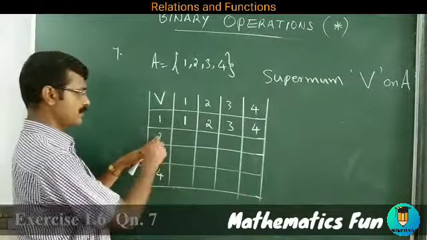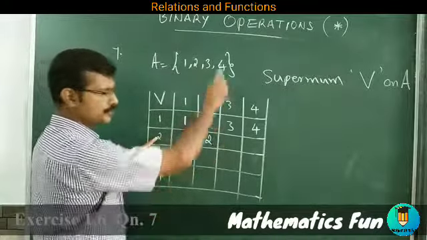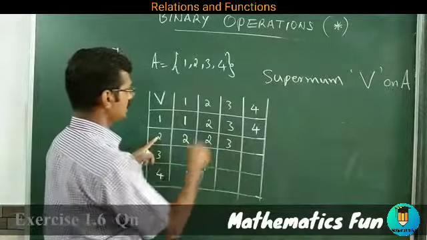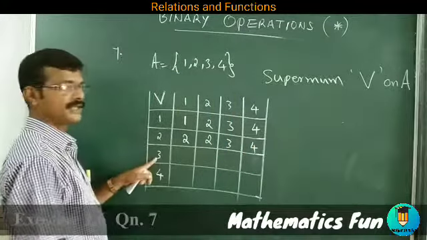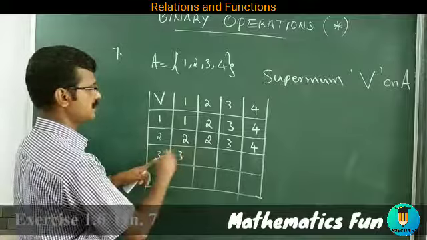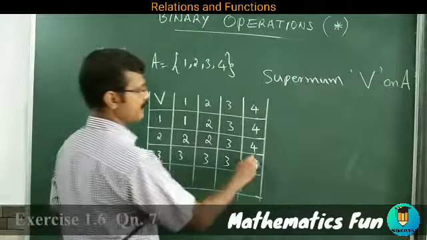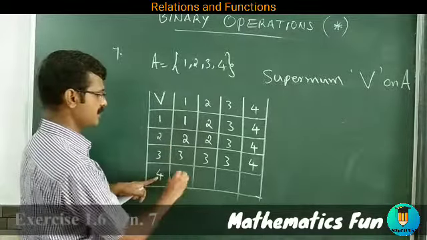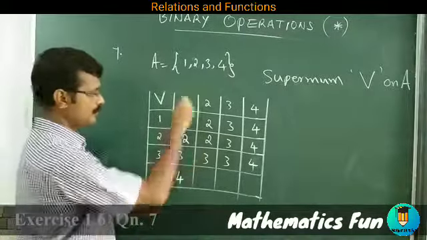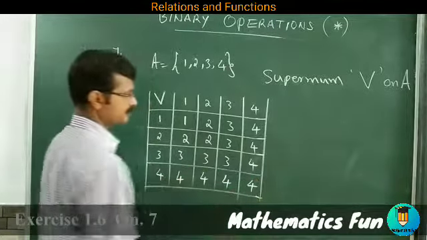Now 2, 1, maximum 2. 2, 2 is 2. 2, 3, the maximum is 3. 2, 4 is 4. Now with 3: 3, 1 is 3, 3, 2 is 3, 3, 3 is 3, 3, 4 maximum is 4. Now with 4: 4, 1 maximum is 4, 4, 2 maximum is 4, 4, 3 is 4, 4, 4 is 4.